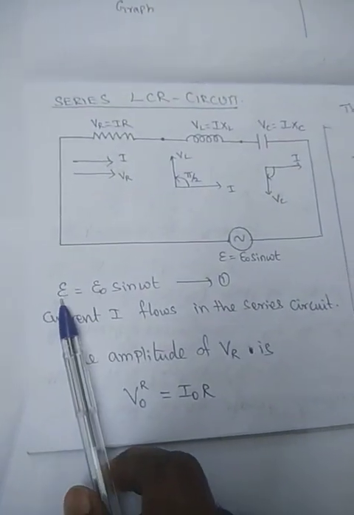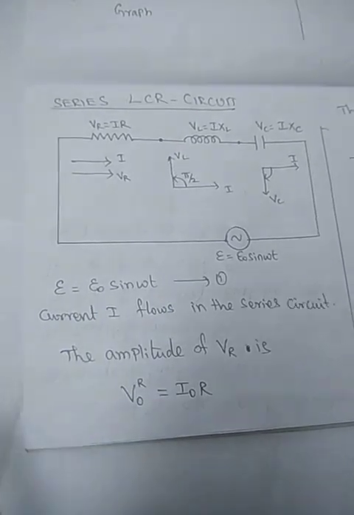Let us see that. The applied EMF is equal to E naught sin omega t, so the current flows in the series circuit.